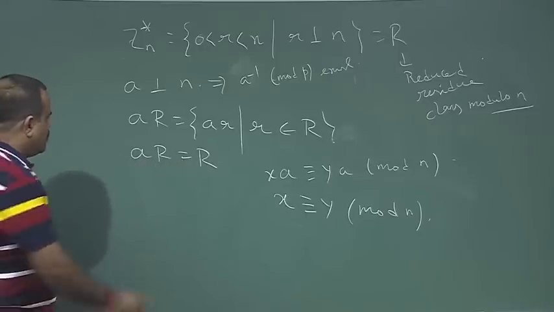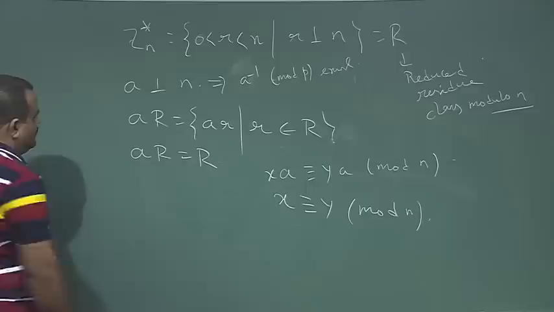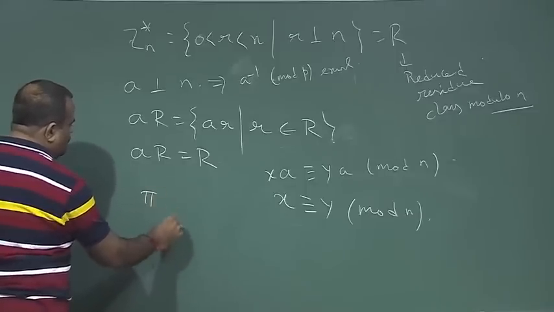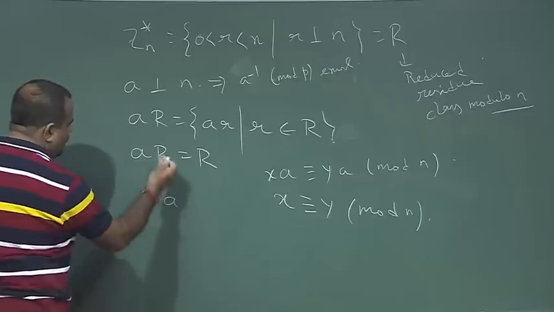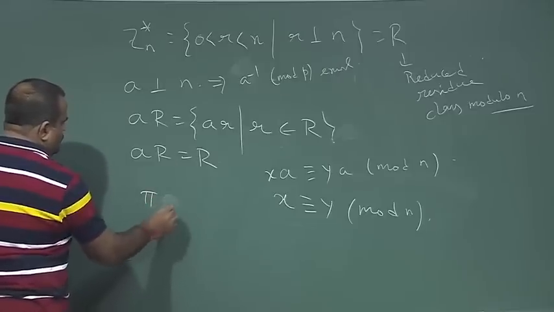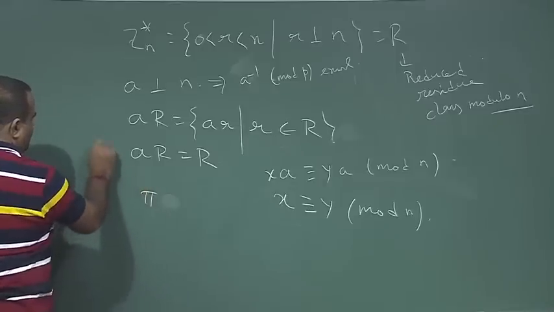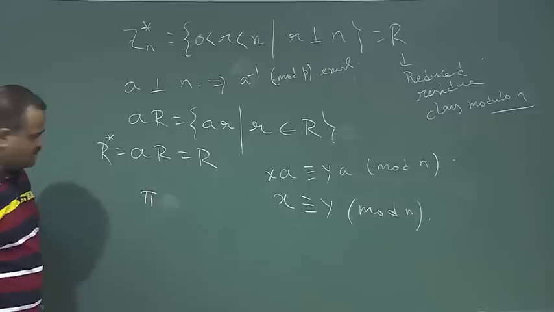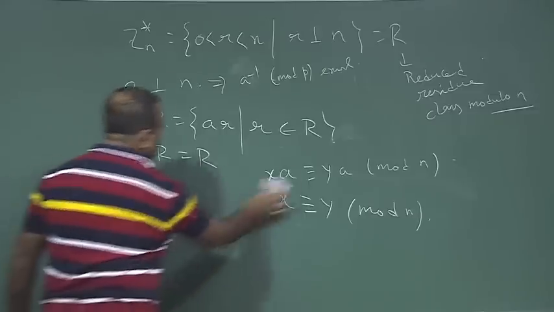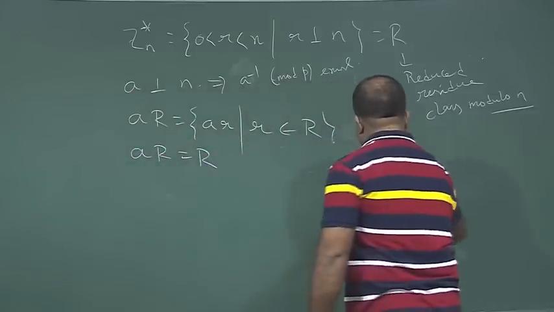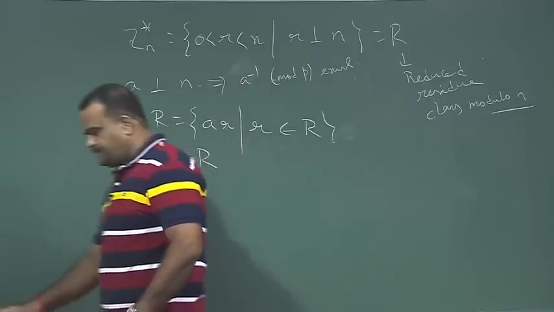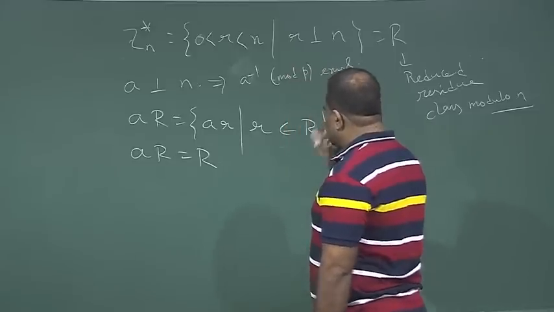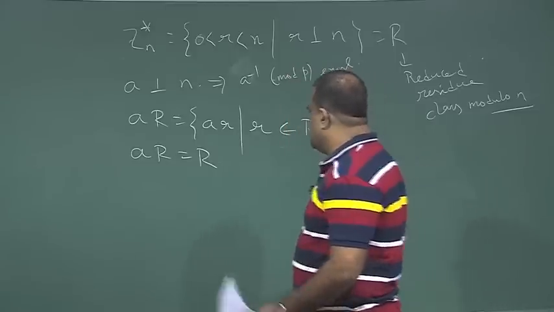So, what we do? We multiply all the elements of aR. We know the number of elements here is phi(n).